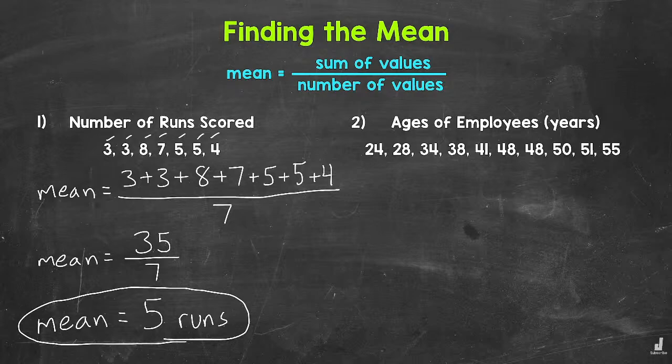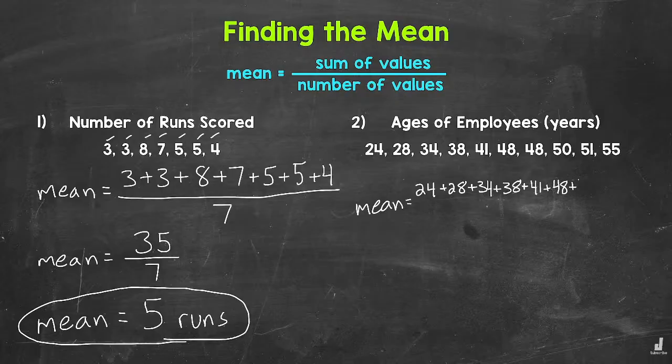Let's find the mean. So the mean is going to equal, well, let's add all of the ages. So 24 plus 28 plus 34 plus 38 plus 41 plus 48 plus 48 plus 50 plus 51 plus 55.